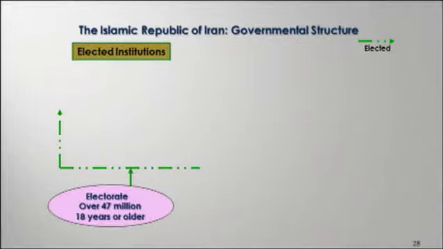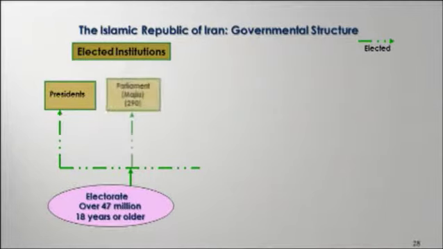The candidates are vetted, as I mentioned, by the Guardian Council, and they're the ones who determine whether they're eligible to run, and the president therefore becomes an elected office in that kind of a truncated election, and so is the Majlis or the parliament.